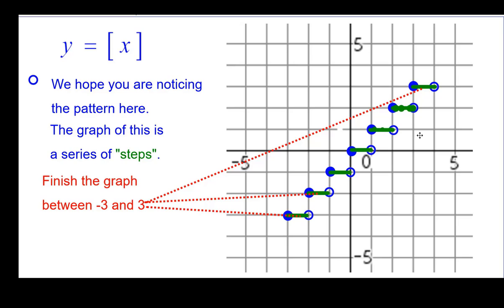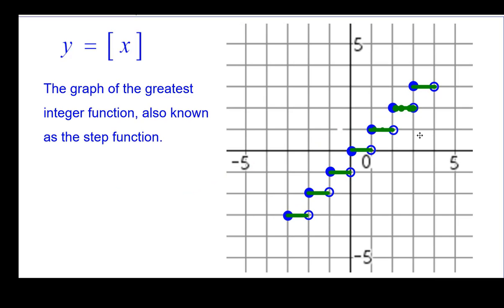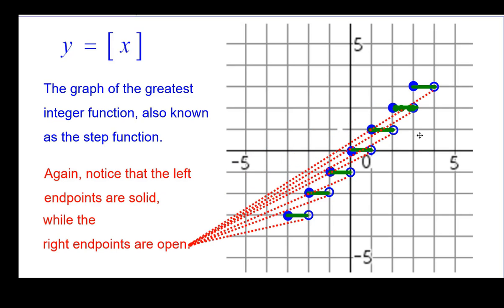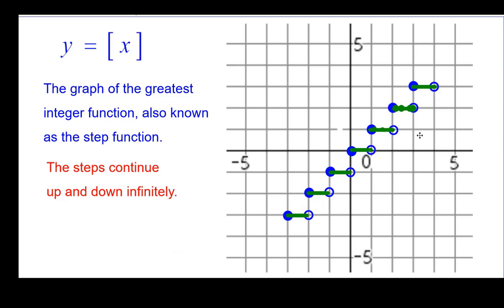It's also known as the step function. Surprise, surprise. Again, notice that the left endpoints are solid and the right endpoints are open circles. That's key. The steps continue up and down infinitely. I think 7 steps is plenty to illustrate what's going on here.